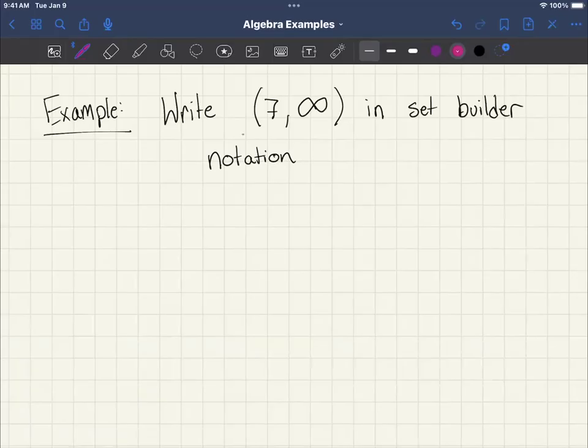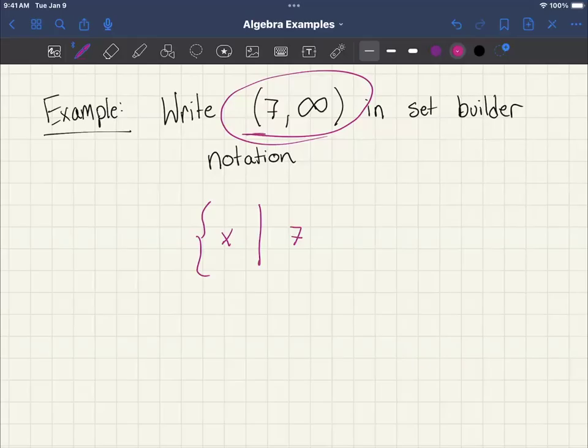All right, we have our information here. We want to write this in set builder notation, and we're starting with interval notation. Remember our set builder, no matter what else, we start with an X and then a line after our squirrely bracket. Notice we're going off to positive infinity, so we only want one number that we're going to work with, and we need an inequality of some sort.